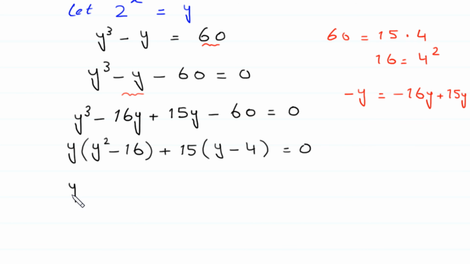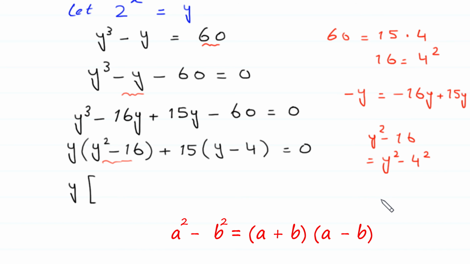Next, y times this y square minus 16. y square minus 16 is equal to y square minus 4 square, and according to algebraic identity, a square minus b square is equal to a plus b times a minus b. This y square minus 4 square is equal to y plus 4 times y minus 4.